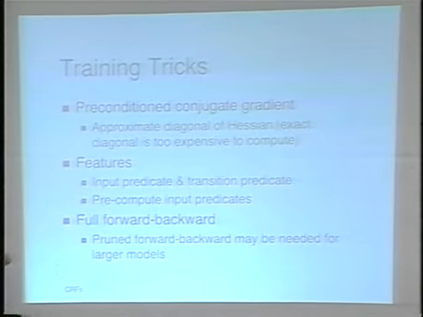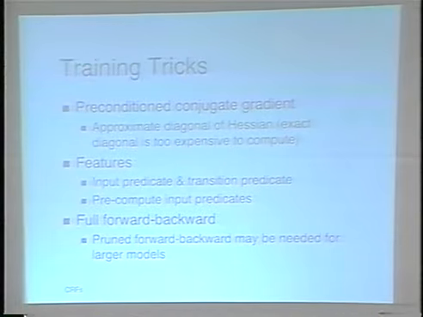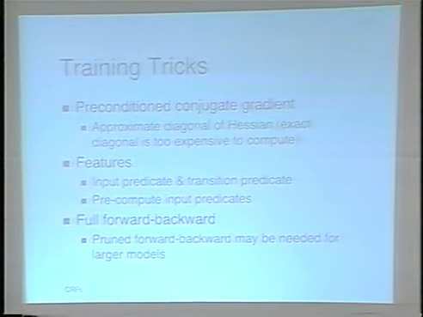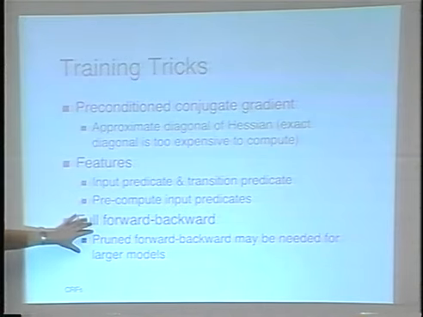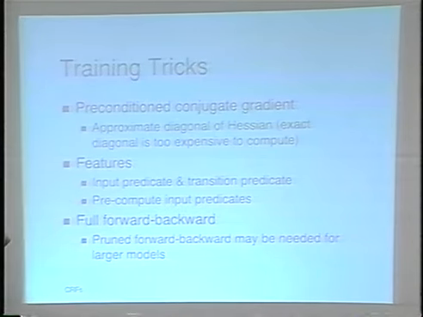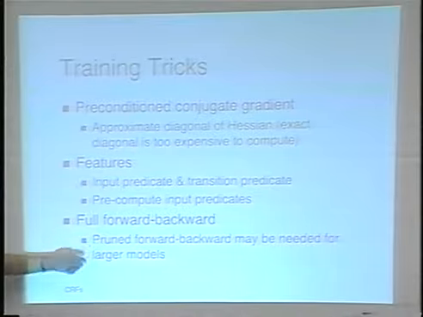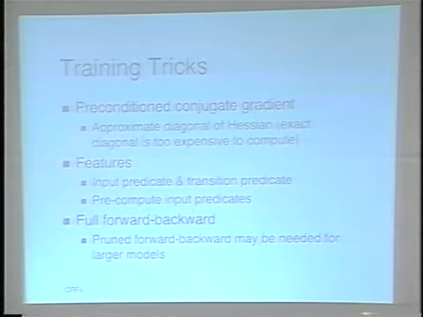And we're using full forward-backward. Now in anything where you use forward-backward, you can use pruned forward-backward: rather than doing this computation over all the paths, you could compute over a subset of the paths. I'm pretty sure if I'm doing part-of-speech tagging with the full tag set, I need to do that because there are going to be too many states.